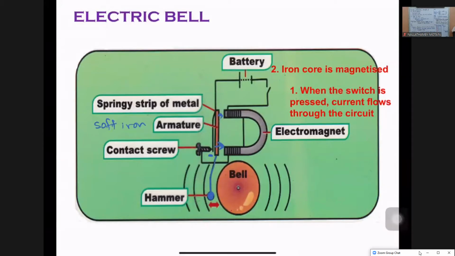So I repeat, when the switch is on, current flows in the circuit, causing the soft iron core to become an electromagnet, and then the soft iron armature is attracted. The hammer will strike the bell and produce sound. But remember, it only happens once when the hammer strikes the bell.